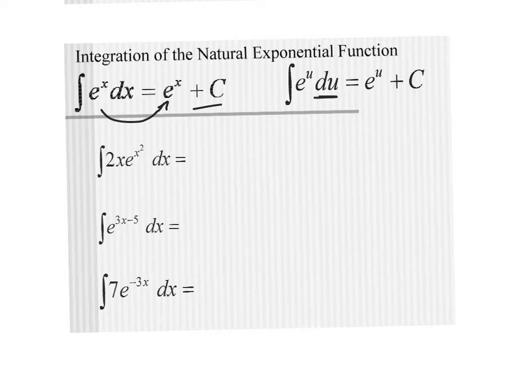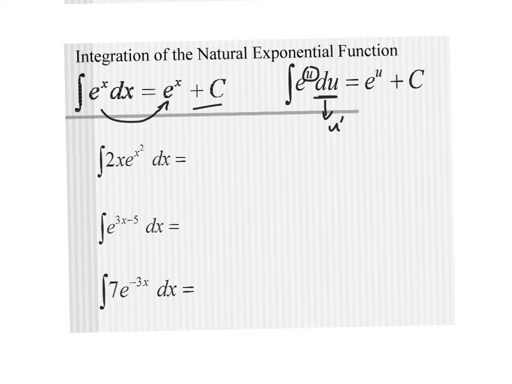So turn this into your derivative, so this is really the same thing as u prime, okay? Same idea. All right, so we're starting off pretty tough because it's not just a standard, like if I gave you 2e to the x, it would be 2e to the x plus c, which is convenient.